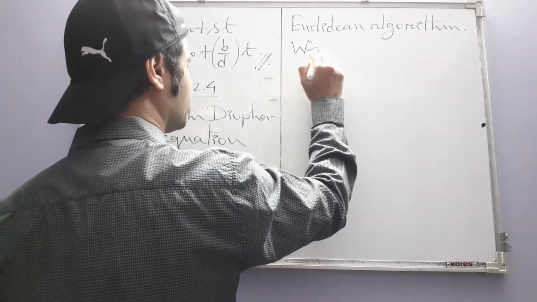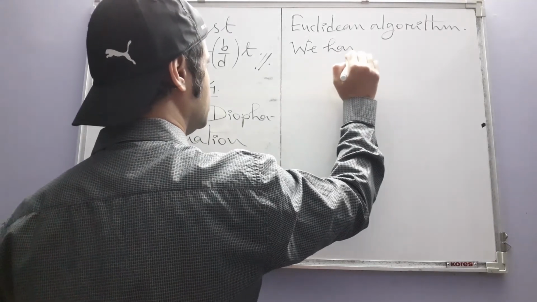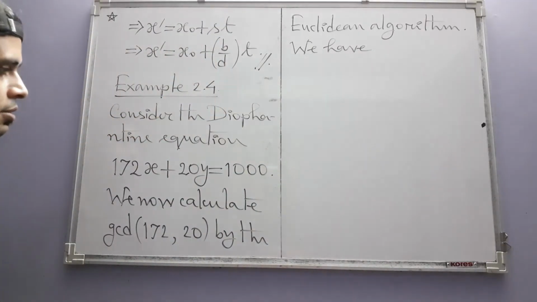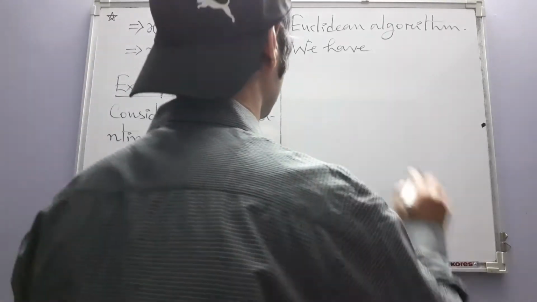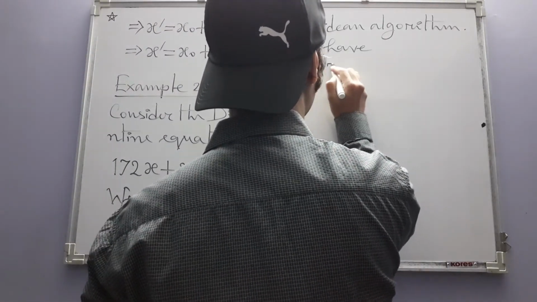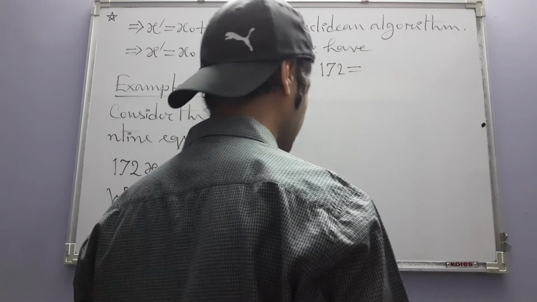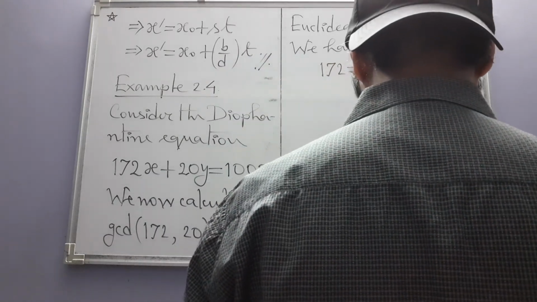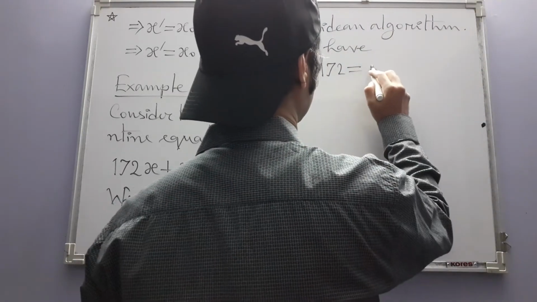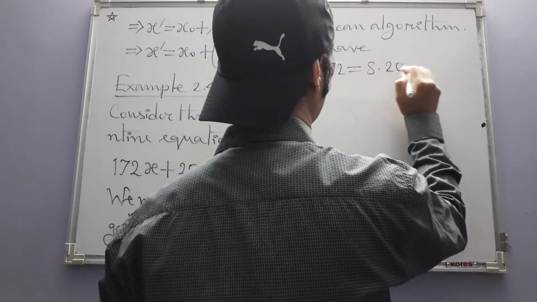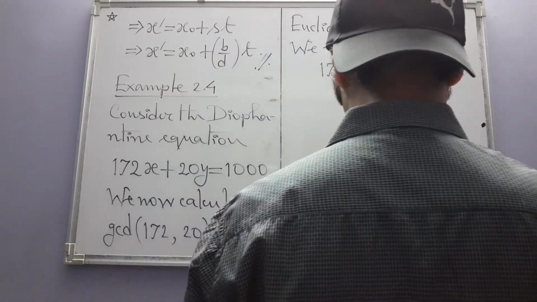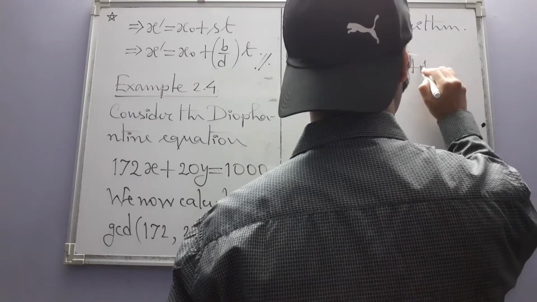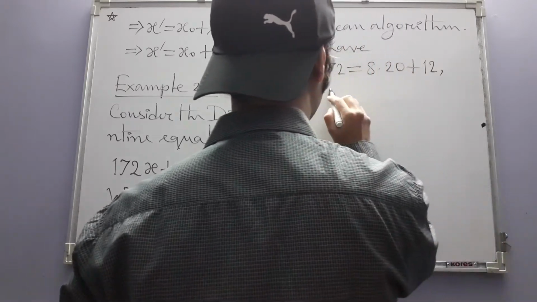So we now have these equations, which you get by doing repeated divisions in a specific manner. So these are the results of that.